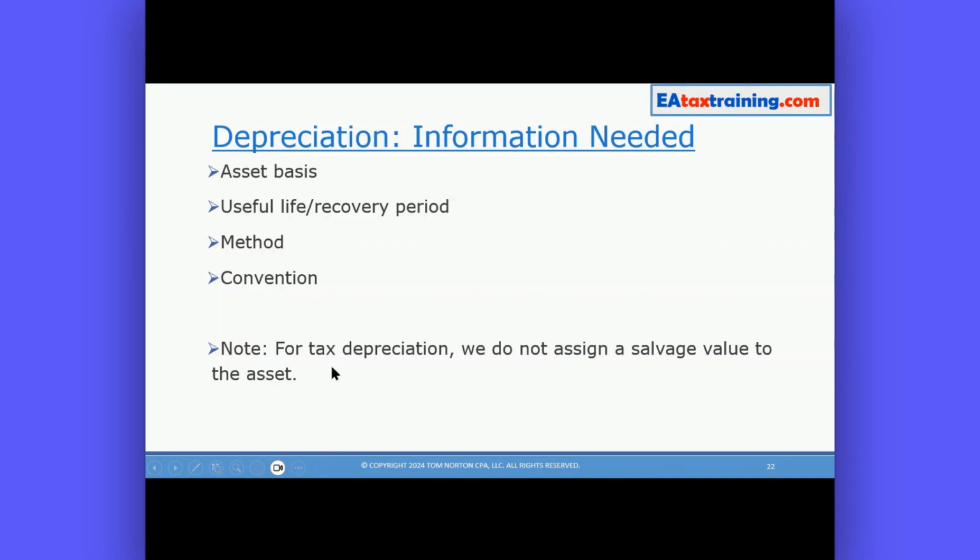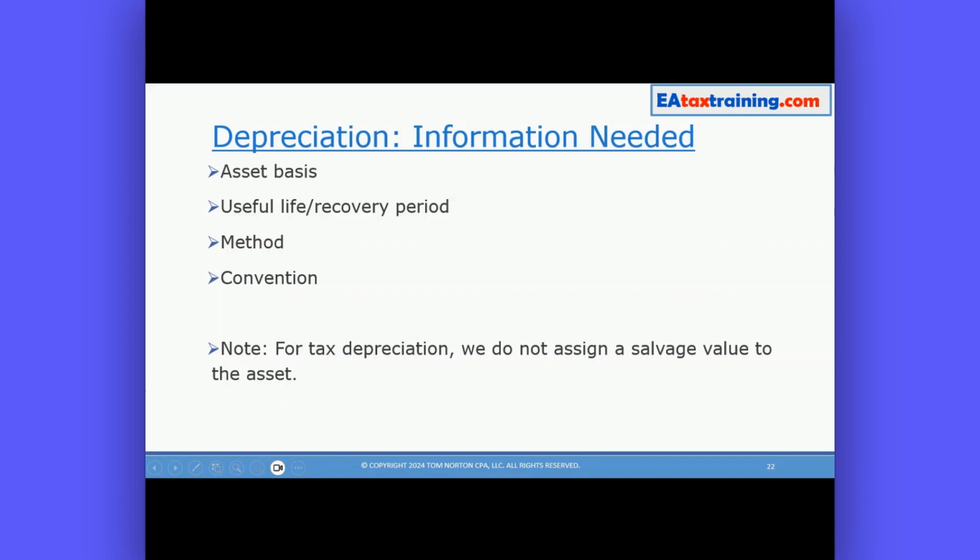So you would make your best kind of estimate of what a useful life would be for a particular asset. In the tax law, the IRS doesn't want taxpayers deciding for themselves what the useful life is and therefore how much the depreciation is. Otherwise, taxpayers would just decide that everything had a useful life of 12 months or less, and they would just depreciate and expense the whole thing in the first year.